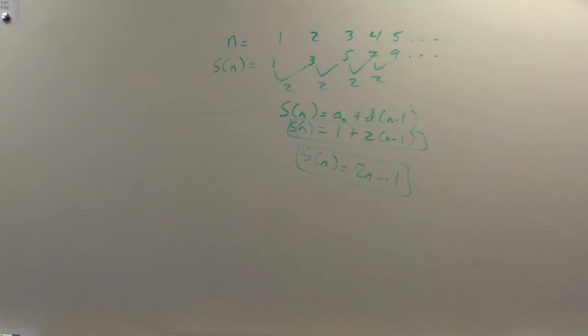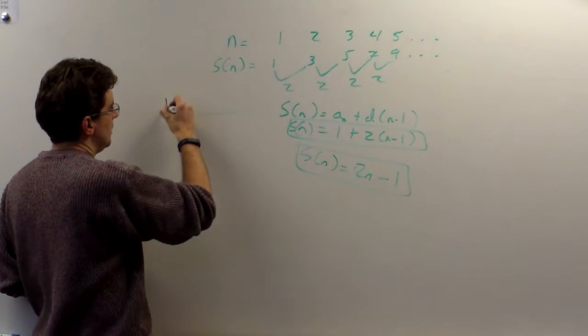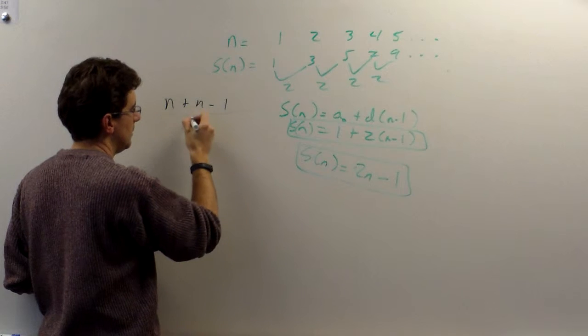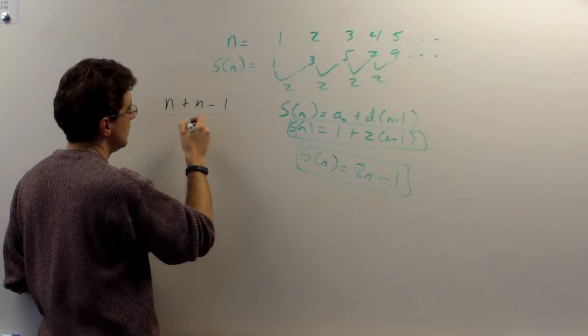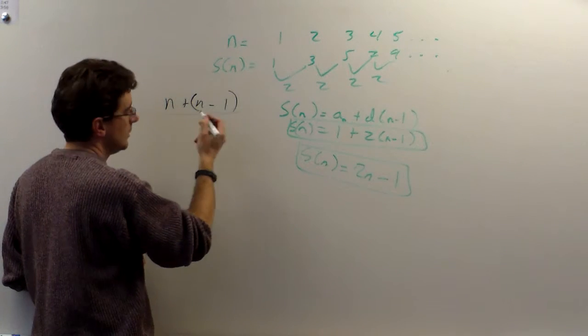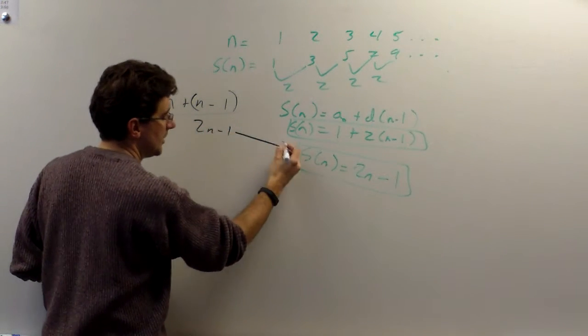What about S of n equals n plus n minus 1? N plus n minus 1. Well, yeah. N plus n minus 1. How many n's do we have? Well, I put the n minus 1 in parentheses. How many n's do we have? 2. 2n minus 1. Same thing.